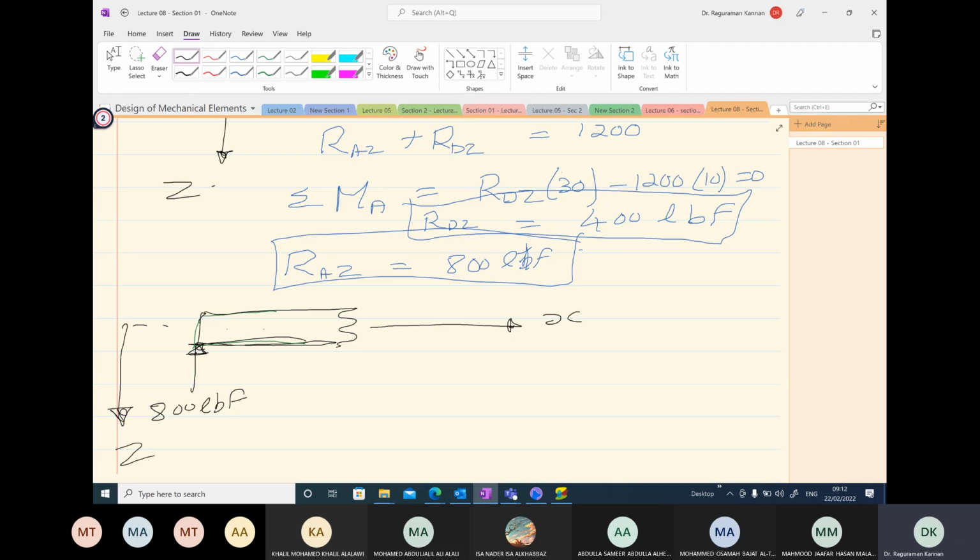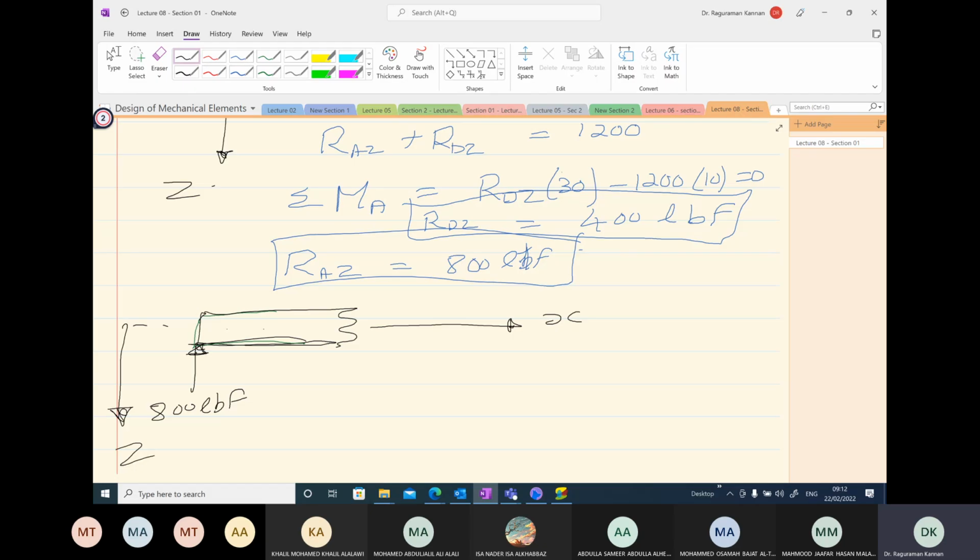Let's see here. So it's Z on the XZ plane, in the negative direction here.